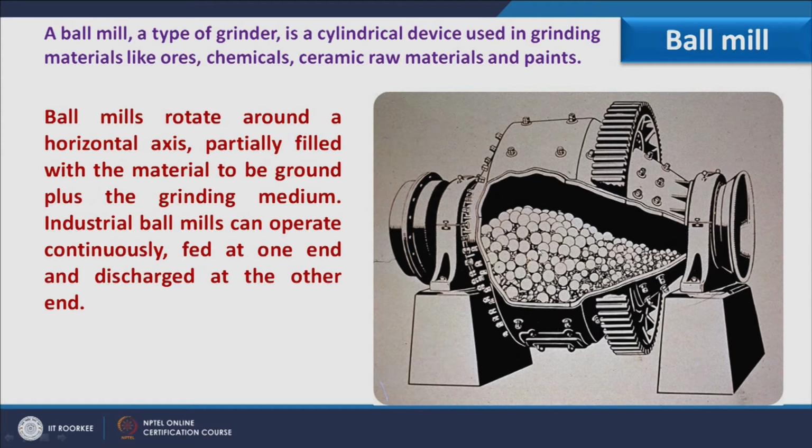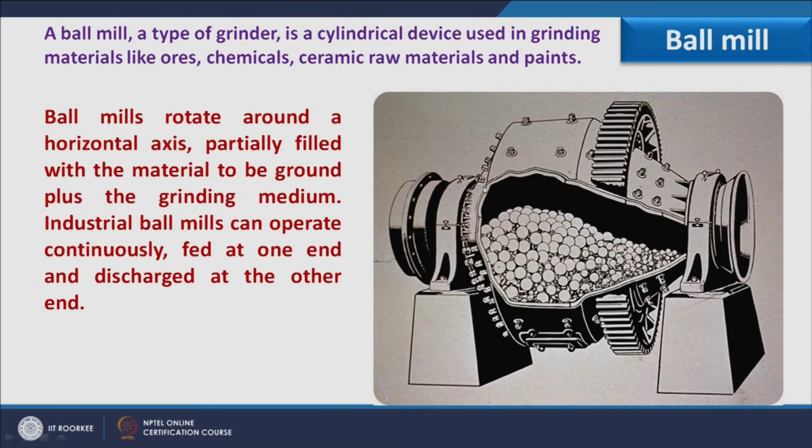The sizes of these balls vary from larger to smaller. Larger balls are used to crush the large feed. However, smaller balls are used to convert the finer feed to a further finer product.